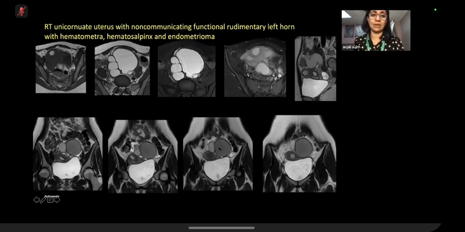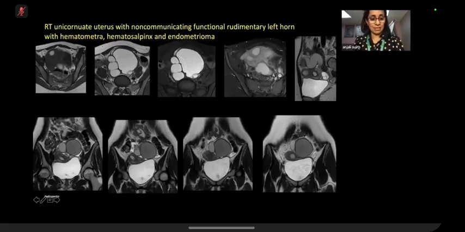Remember what we discussed during our Mullerian duct anomalies? The type 2B classification, a unicornuate uterus with a non-communicating but functioning endometrial cavity, is more prone to have endometriosis, endometrioma, and they'll have hematometra, hematosalpinx because of retrograde menstruation.